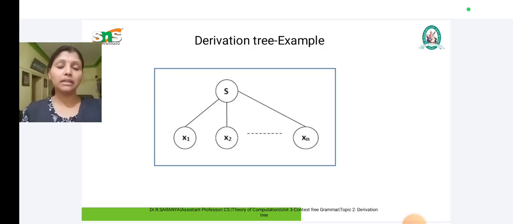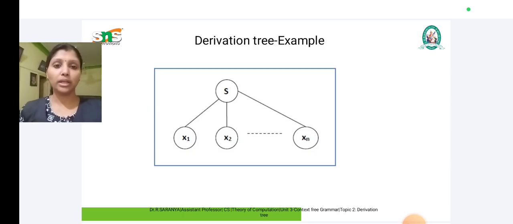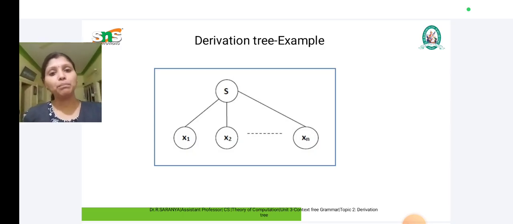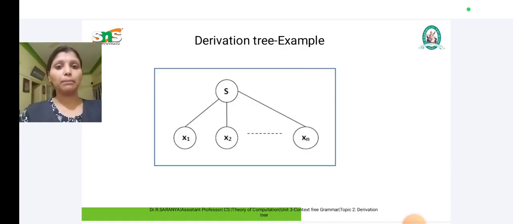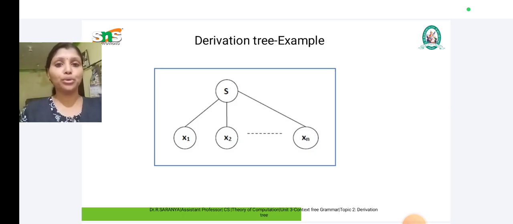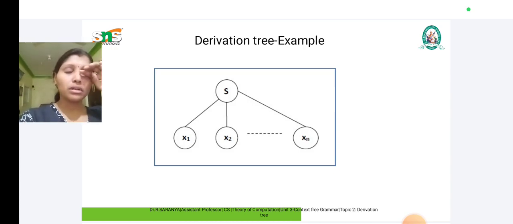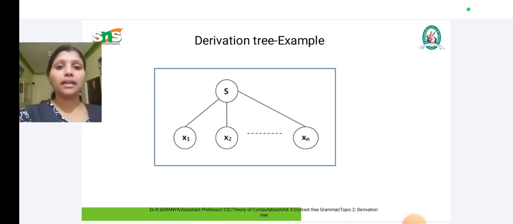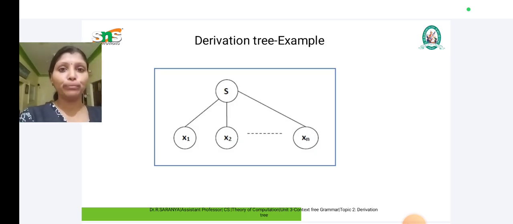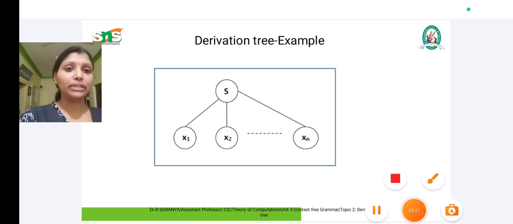In order to derive the string, we are going to implement the formal grammar rules, the four tuples we studied, right? So that we are going to implement here: terminal symbols as well as non-terminal symbols, and then the set of production rules we are going to embed. The terminal symbols and non-terminal symbols we are going to use the alphabets, lowercase letters as well as uppercase letters, in order to find the possible patterns of strings with the help of derivations.